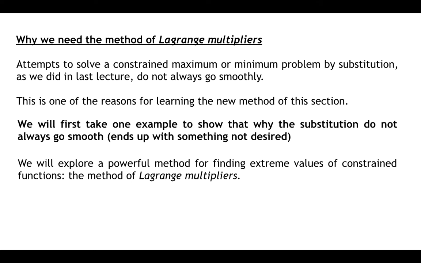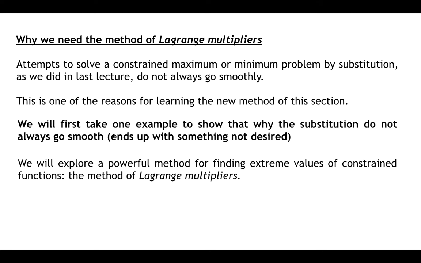To solve that, we calculated the critical points by substituting the boundary in the function. But that method of substitution does not always go smoothly, and this is one of the reasons that we are going to learn one more method here, the method of Lagrange multiplier.